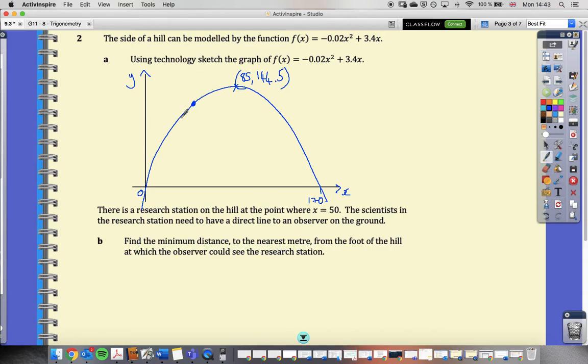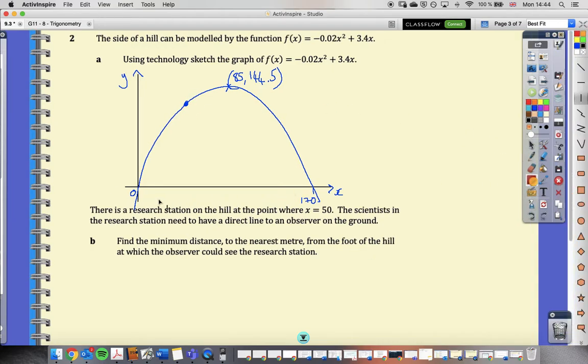So if we want a direct line, let's just extend my x-axis out a bit further. We're looking at having a tangent, aren't we? That's going to be the closest. If I go closer, the hill's going to get in the way. If we go further out, it's not the minimum distance.